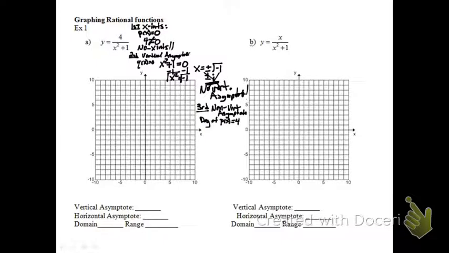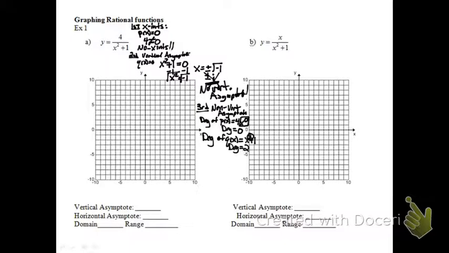The degree of p of x equals 0, because our numerator in this example, 4, you could think of as being 4 times x to the 0 power. Because of course you remember anything to the 0 is 1. So even though it's not written there, we can think of this degree as equal to 0. That's the highest exponent. The degree of the denominator, q of x, is a little bit more obvious because q of x is just x squared plus 1. The degree there is 2.